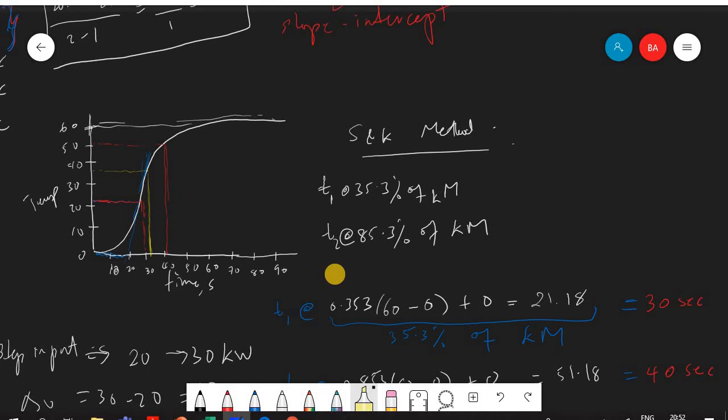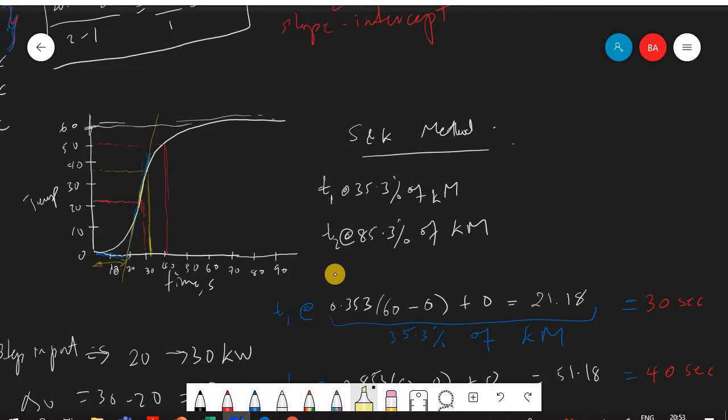If you consider that 63.2% is the t plus time delay, how do we get that? If we do our slope thing here, the time delay will be about 19.